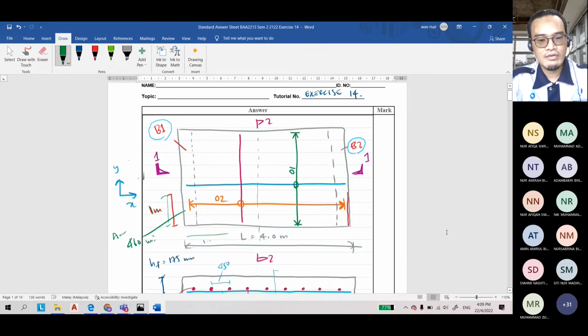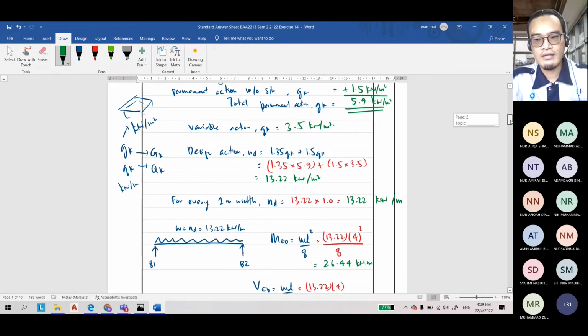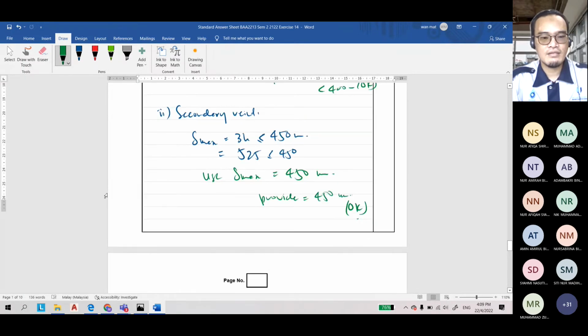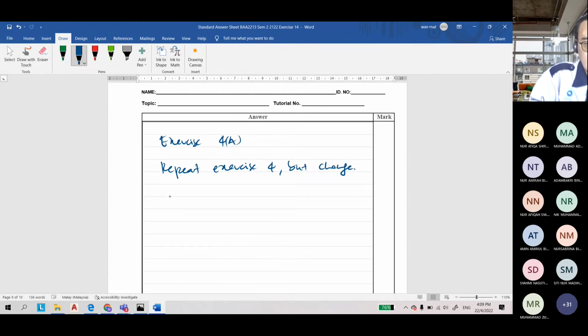Okay, class. So for your exercise, you just repeat this one. Let's say exercise for A. I give you the question here. Repeat exercise 4, but you just change the L to 4.3 meter.